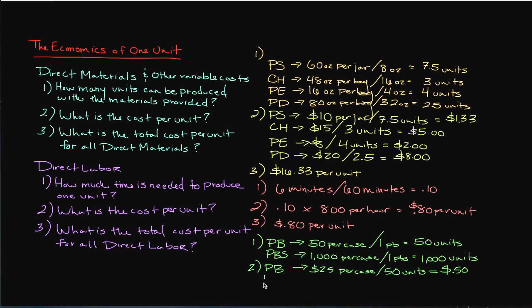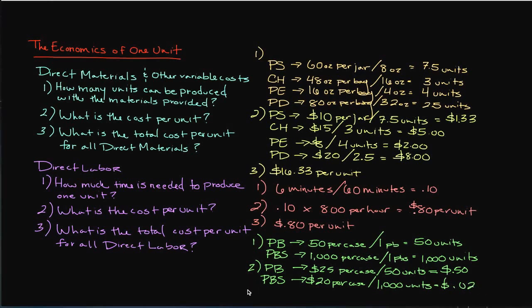And the second one, for pizza box stacks, is going to be even better because we're getting so many for even less, essentially. So we're going to pay $20 per case, and we generate 1,000 units, which means ultimately we're only going to be paying 2 cents per unit.